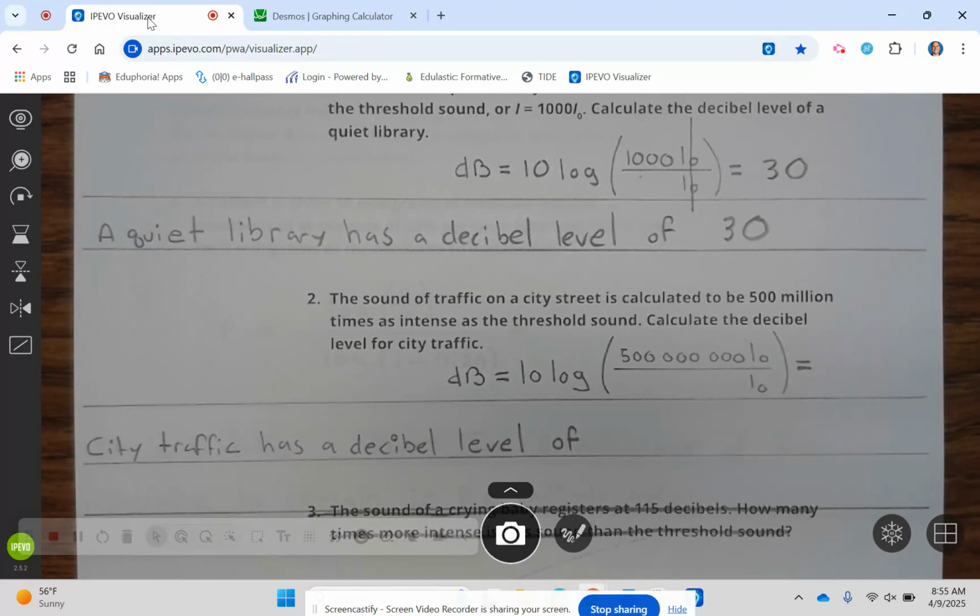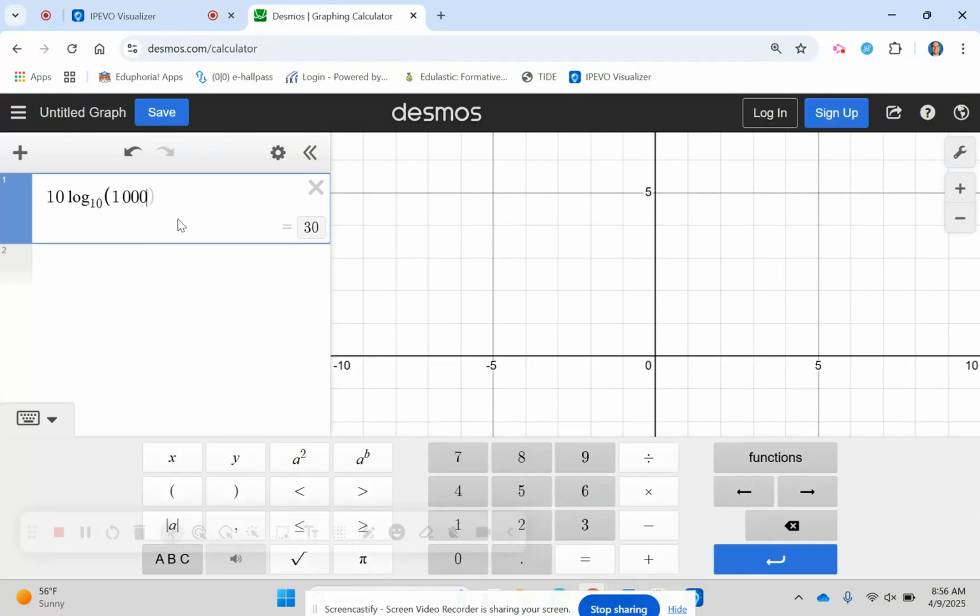Two, the sound of traffic on a city street is calculated to be 500 million times as intense as the threshold sound. Calculate the decibel level for city traffic. Decibel level equals 10 times log of 500 million L naught divided by L naught. Now again, anything divided by itself is 1, so this becomes 1. So we just need to put this in decibels.